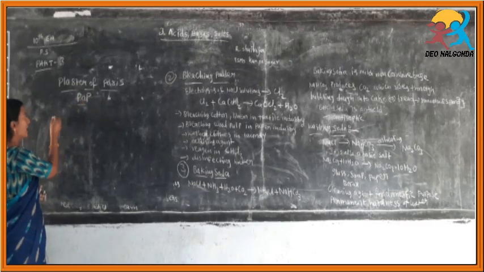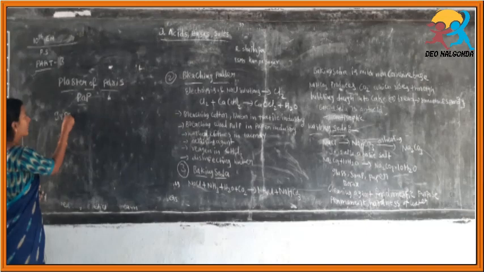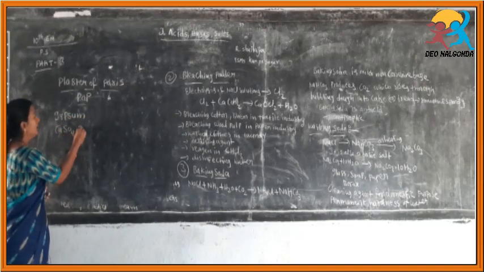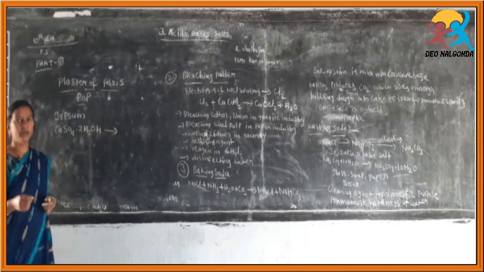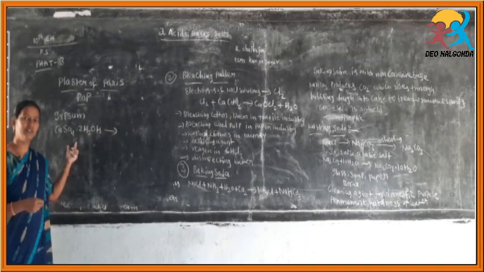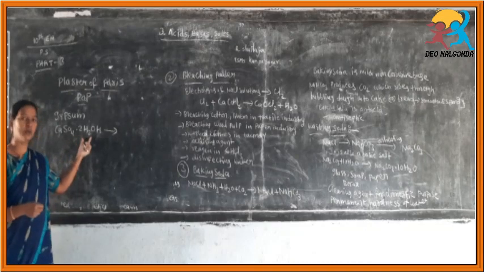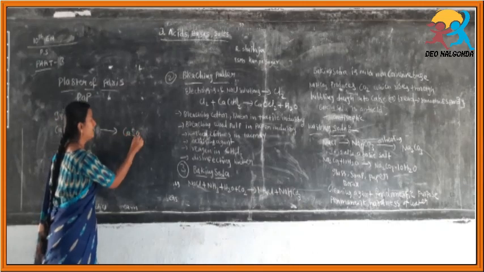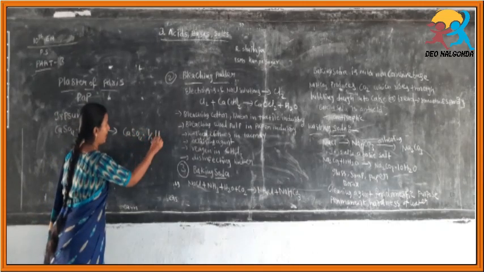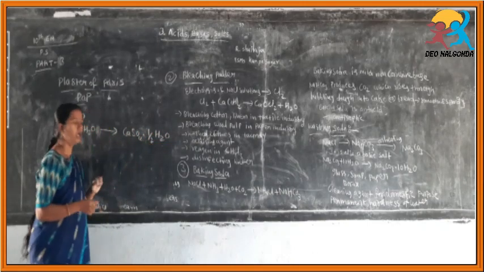This plaster of Paris is obtained from gypsum. What is gypsum? Calcium sulphate dihydrate, CaSO4·2H2O. On careful heating of gypsum, it gives calcium sulphate hemihydrate, CaSO4·½H2O.